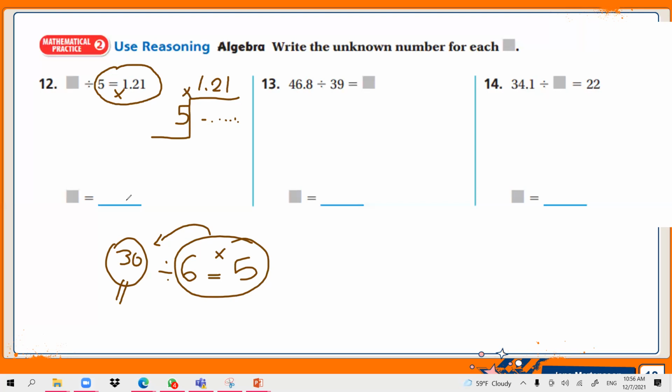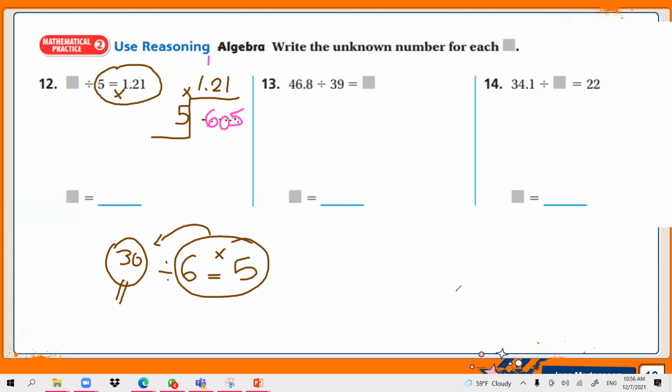What do you have to do? We multiply. Bravo. Yeah. 1 times 5, 5. 5 times 2, 10. 5 times 1, 5 plus 1, 6.